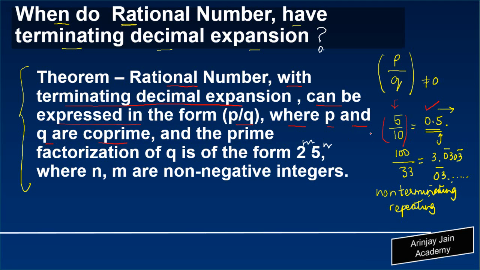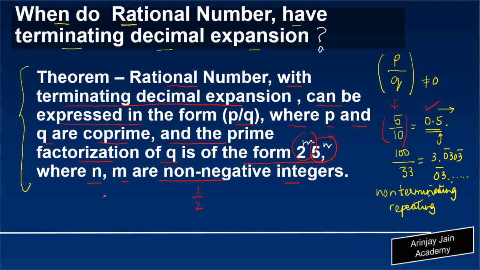The answer is probably no, because 5 and 10 can also be divided by 5. So it could be 1 upon 2, right? And the prime factorization of q is of the form 2 to the power m, 5 to the power n, where n and m are non-negative integers, right?